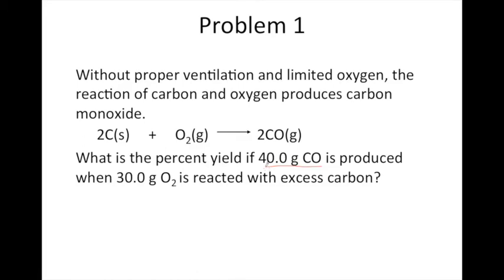So this tells us that 40 grams of carbon monoxide is produced. So that is our actual yield when 30 grams of oxygen is reacted. So we could use the 30 grams of oxygen to calculate our theoretical yield of carbon monoxide. And then we could compare that to the actual yield. So pause the video and see if you can solve this problem.